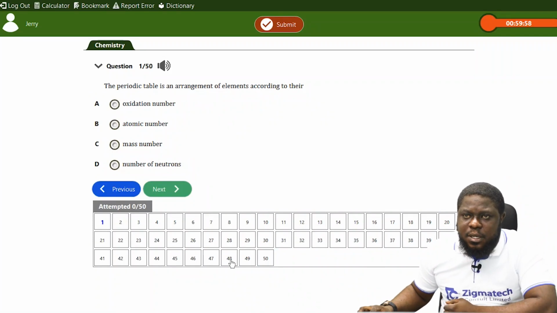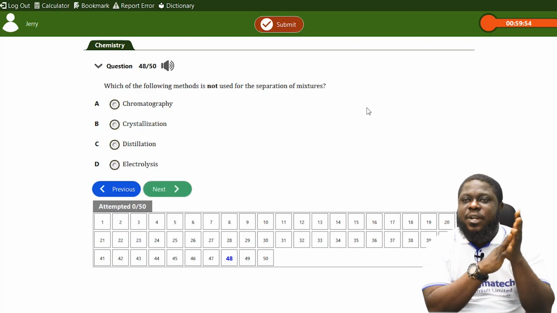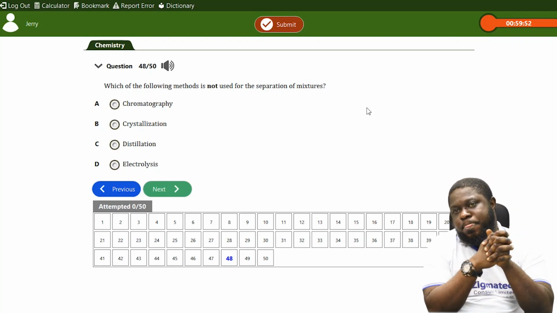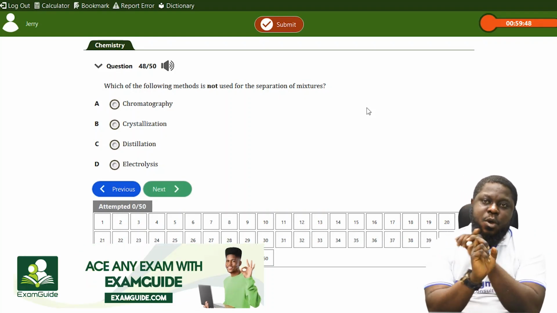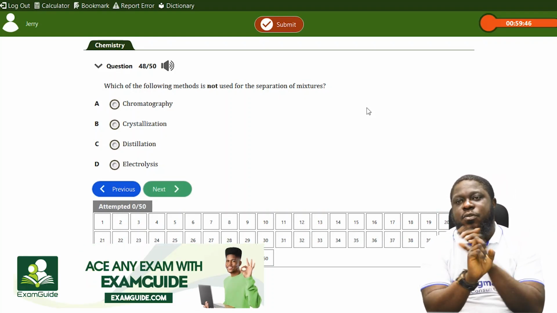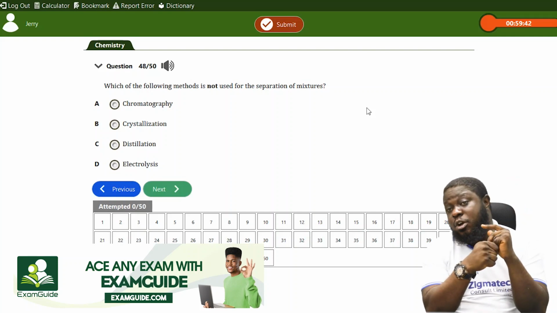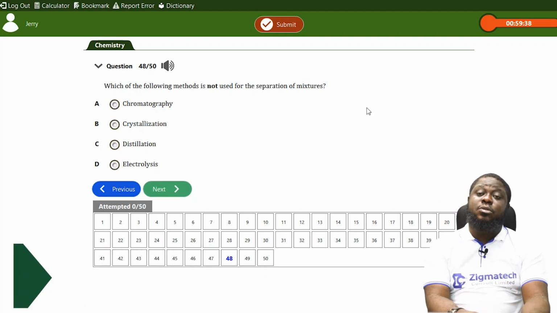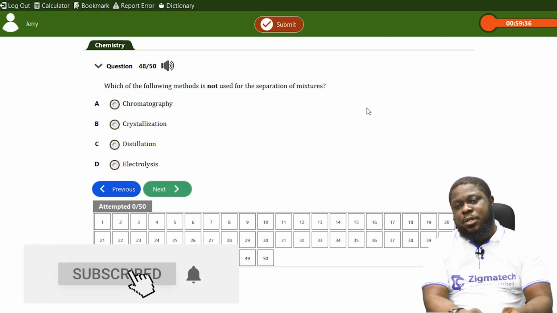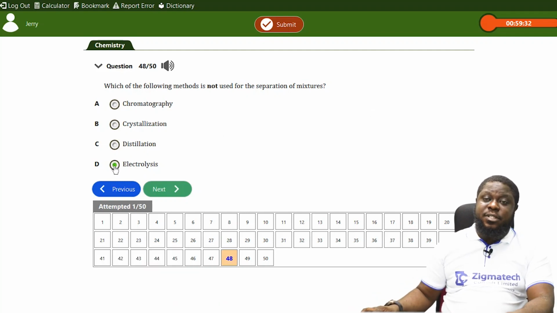Which of the following methods is not used for the separation of mixtures? We talked about chromatography, crystallization, and distillation. These are the three things we talked about in separation techniques. If you check very well, we did not talk about electrolysis. So the answer there is electrolysis.